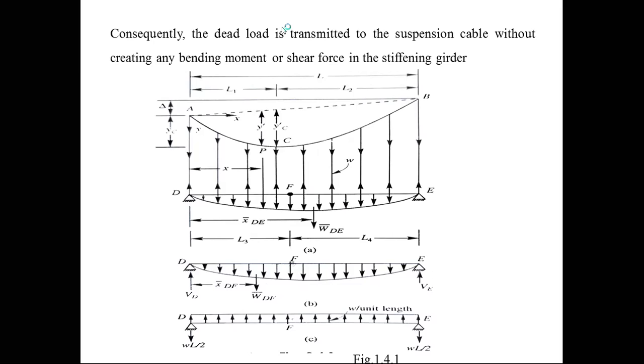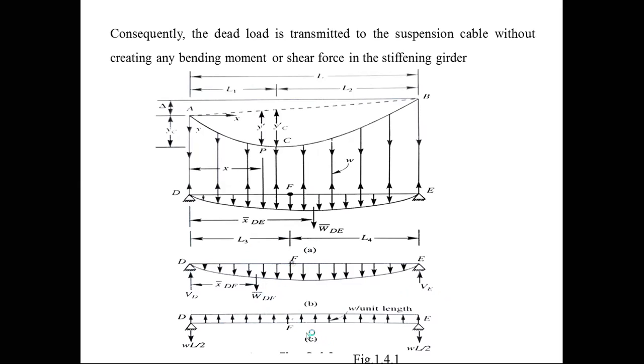Therefore, I will take the stiffening girder DE subjected to external loads W, which is the resultant placed at a distance of x bar from D, F, and the resultant load is W bar. Then you find the reactions Vd and Ve for the external loads.